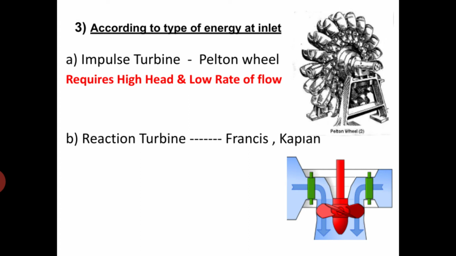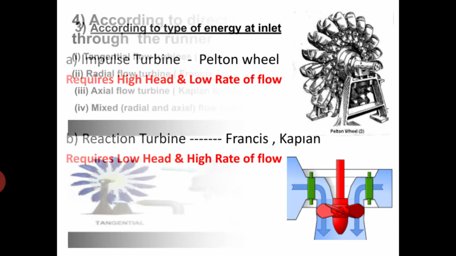To allow this change in pressure, the runner must be completely enclosed and the passages in it completely full of working fluid. So this is about impulse and reaction turbines. And this reaction turbine, as we discussed, requires low head and high rate of flow.